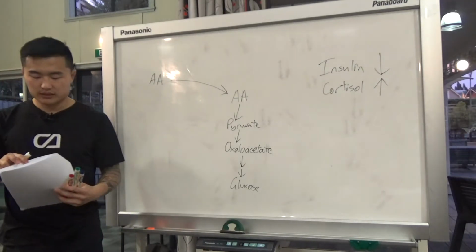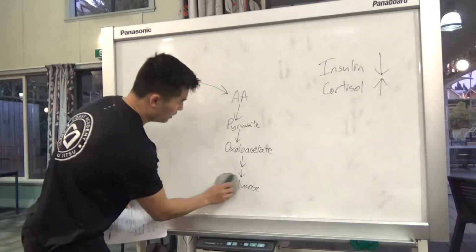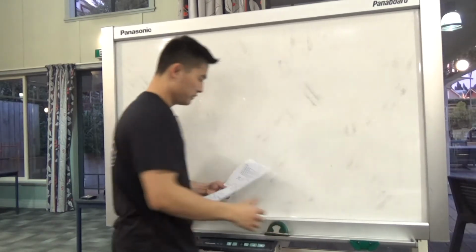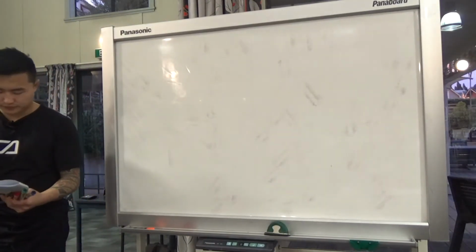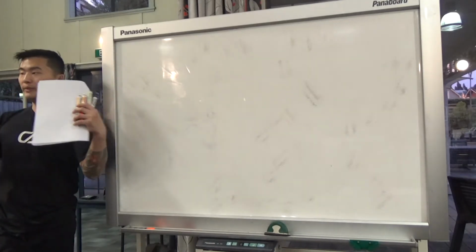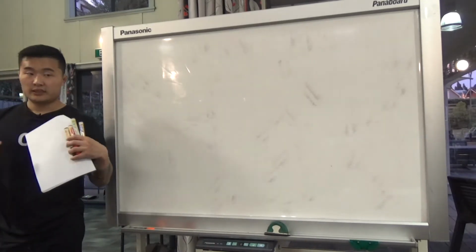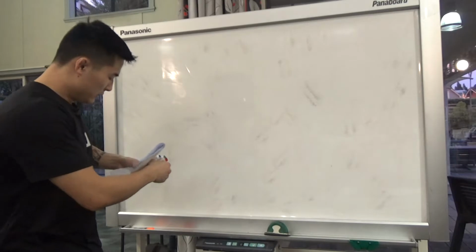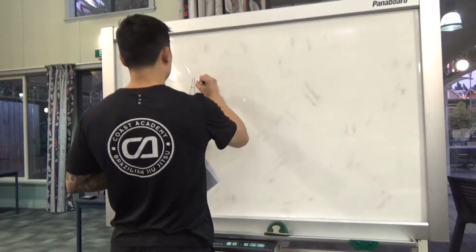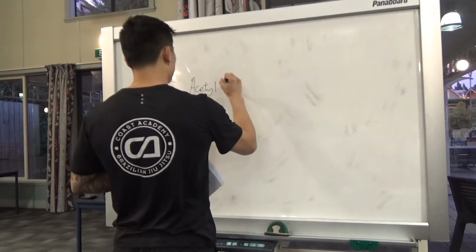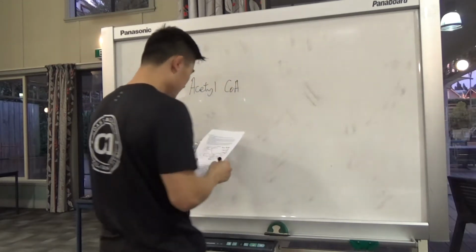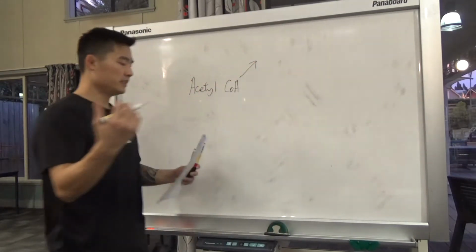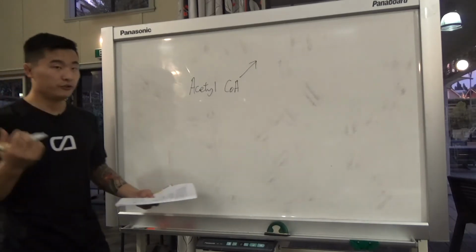So we'll talk about the fates of acetyl-CoA. So acetyl-CoA is like this big meeting point where the acetyl-CoA can go down several paths. We can turn acetyl-CoA into fatty acids.